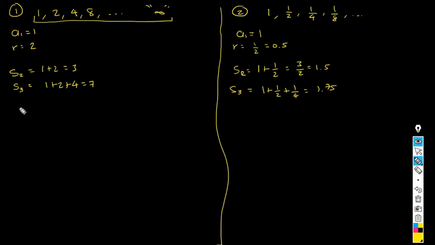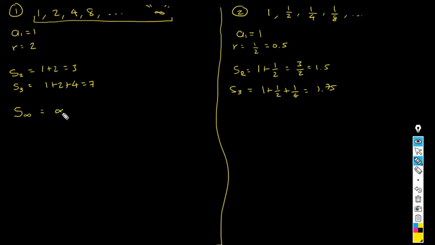So what if he asked you this, the sum of an infinite number of terms for this particular sequence? What do you think would be the answer? The answer for this question is that this sum for this particular sequence, okay?